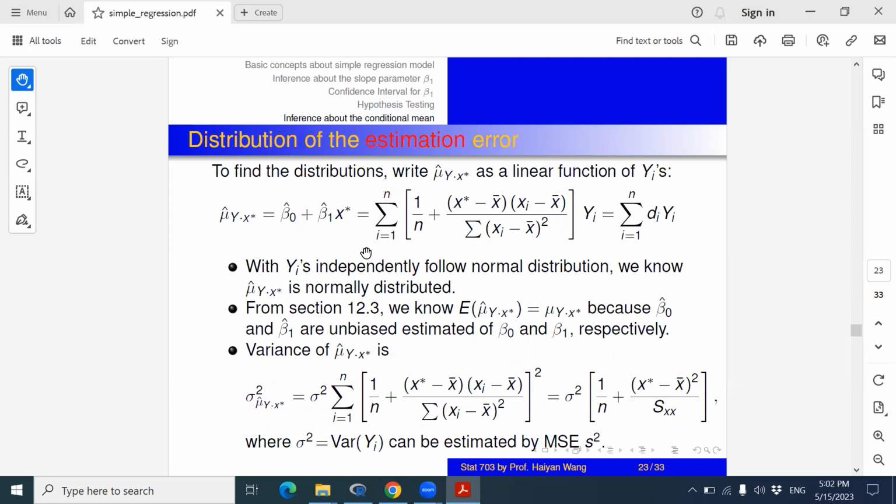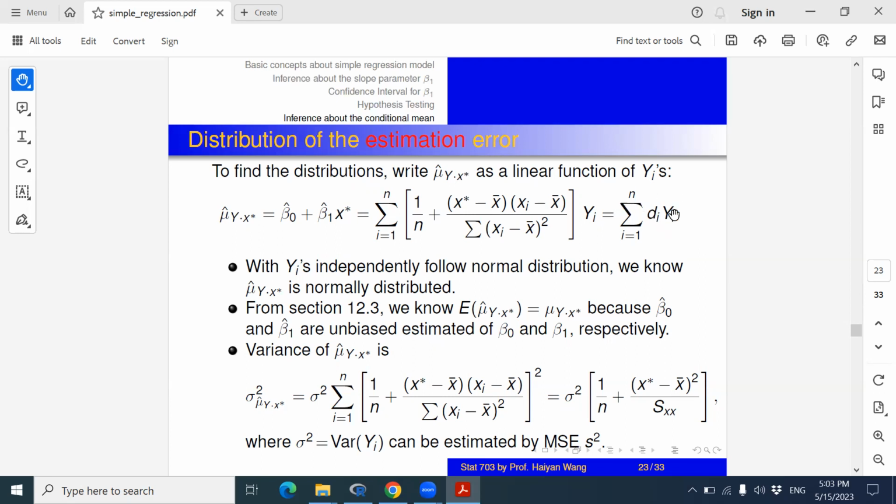So first, in order to look at the variance, let's write the mu hat here. Mu hat contains beta 0 hat and beta 1 hat. And beta 1 hat is a linear combination of the y's. So is beta 0 hat, because beta 0 hat is the y average minus beta 1 hat times the x average. So when we put them together, it's still a linear combination of the y's. Here, we don't need to go into detail, just understand the basic explanation.